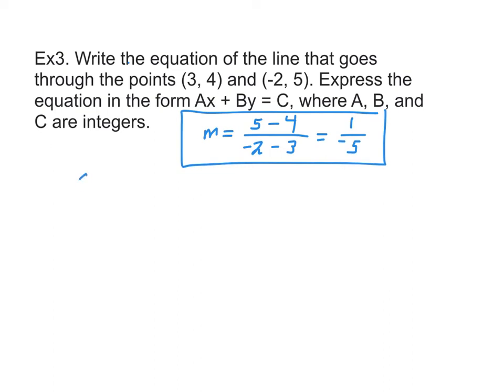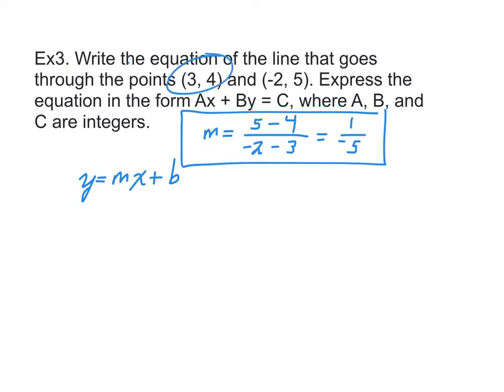Now I can begin. Before, it was clear which point to use, which one would be the x and which one would be the y. The good part is both of these points are on the line, so it doesn't matter which one you pick. Actually, I prefer to do (3, 4) just because there's no negatives there.